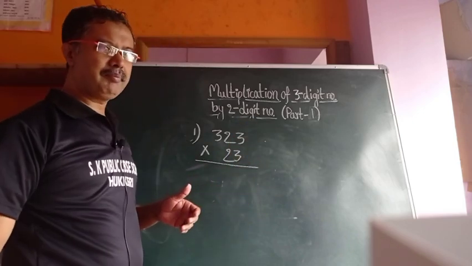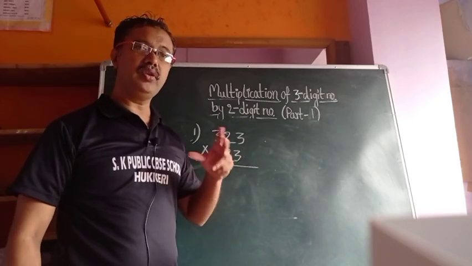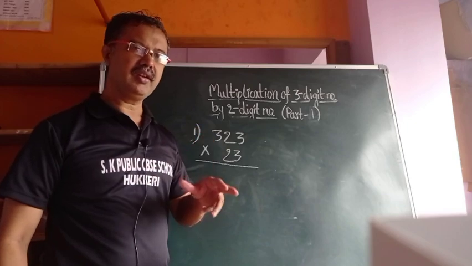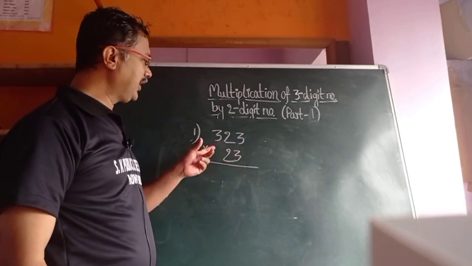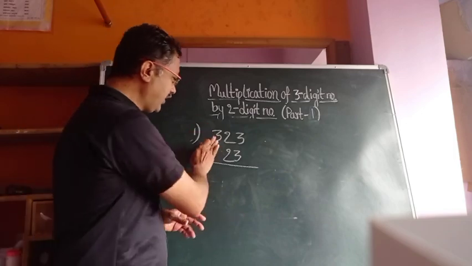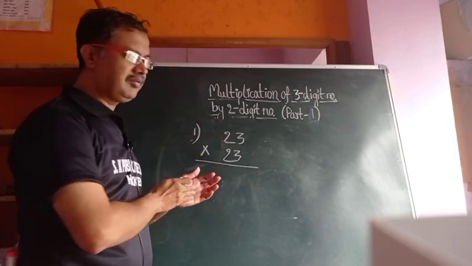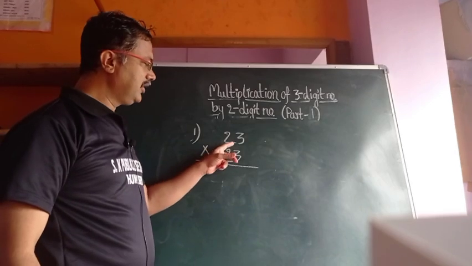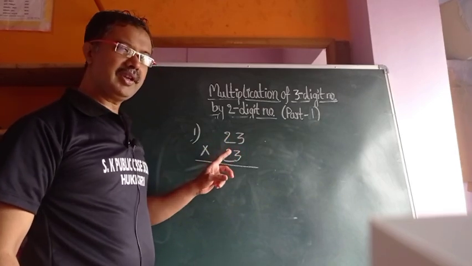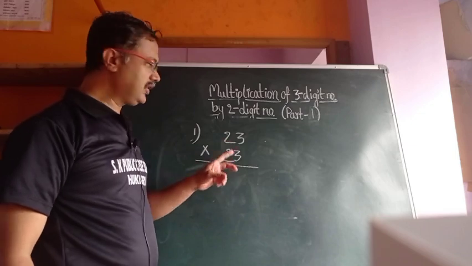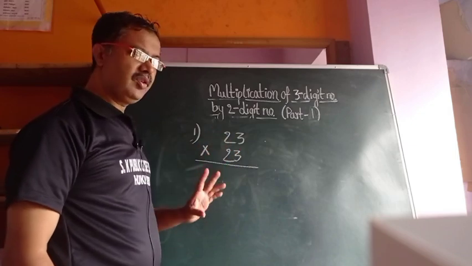Same method you have to apply as when you multiply a 2-digit number by a 2-digit number. For example, if I erase this number, now see here, it becomes a 2-digit number by a 2-digit number. Yes or no, children?